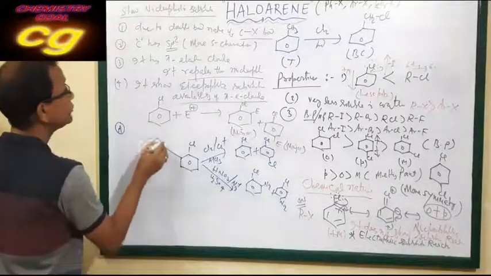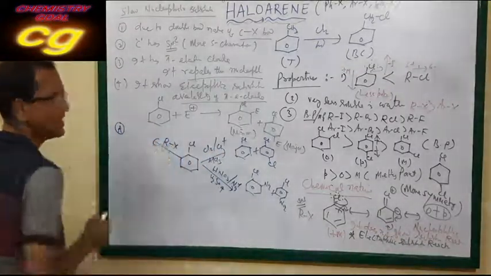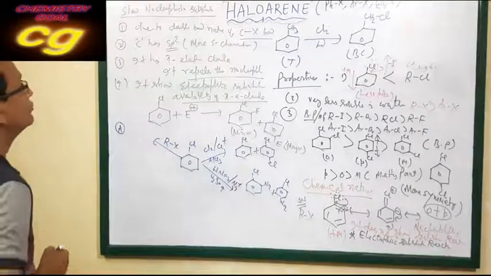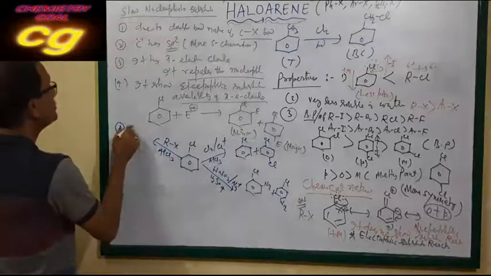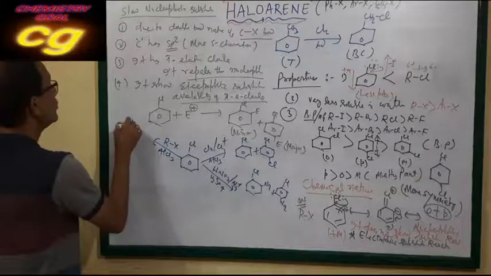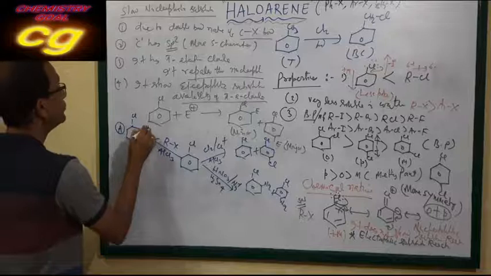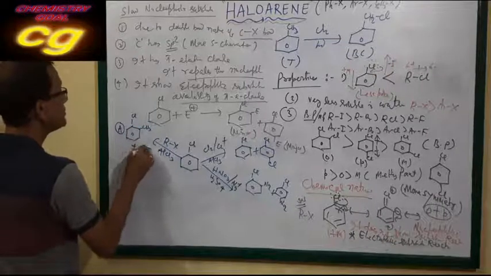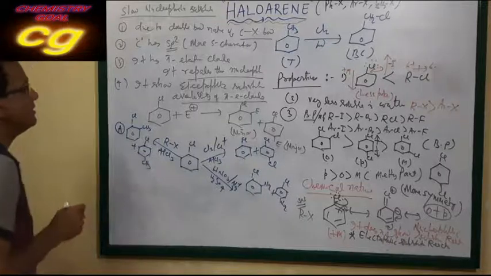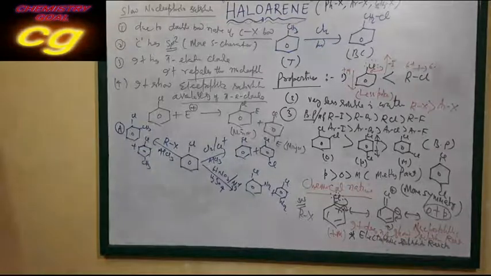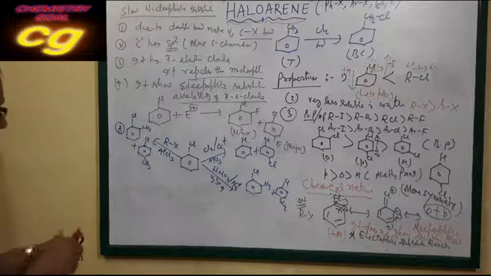And if you use RX, that is a haloalkane, in the presence of the same aluminum chloride, the product is chlorobenzene with a methyl group, ortho plus para. This reaction is called Friedel-Crafts alkylation. You already know this from class 11.